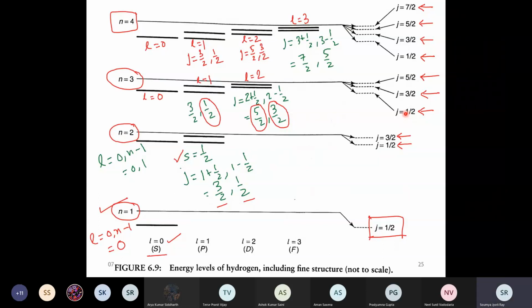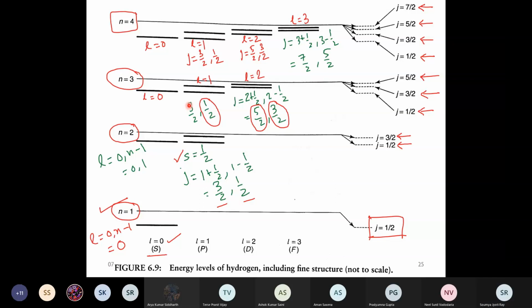In other words, one particular value of J does not necessarily correspond to one particular energy level, or one particular term, I think is a better alternative here.